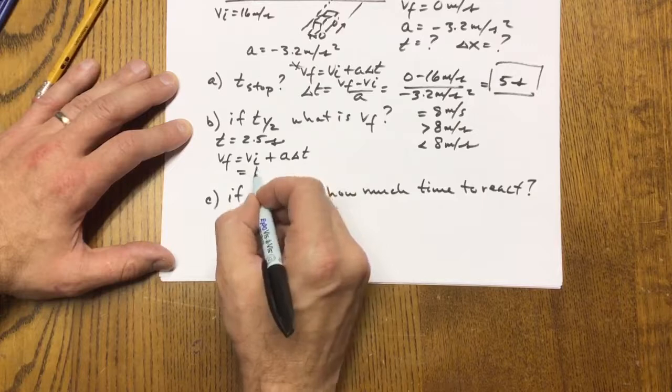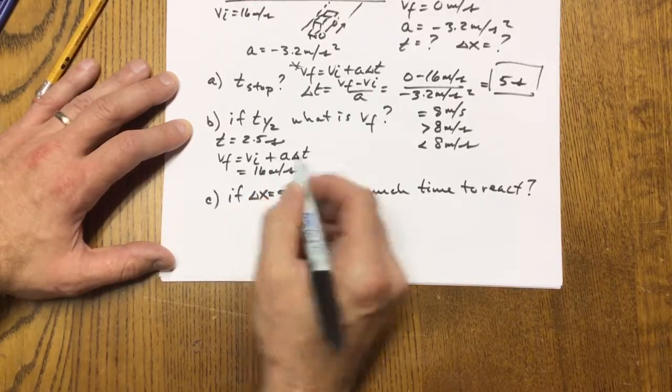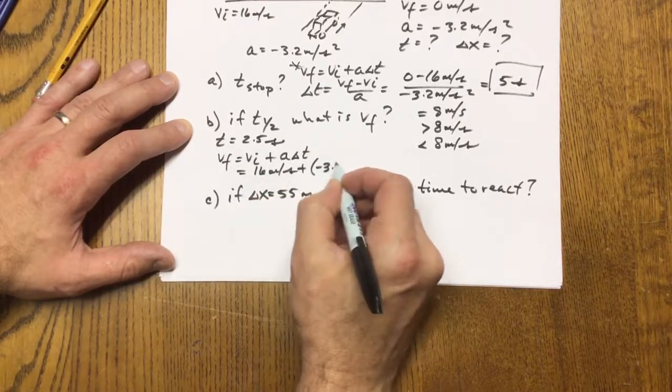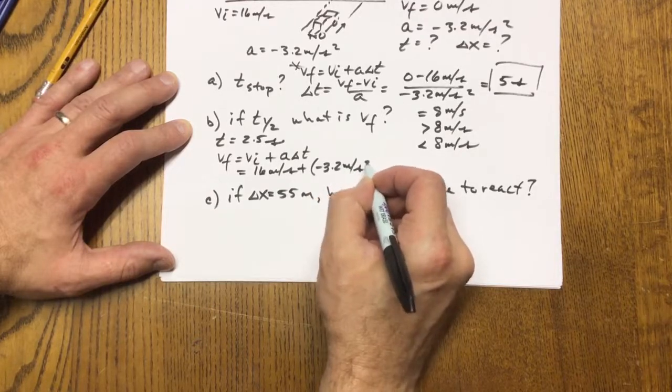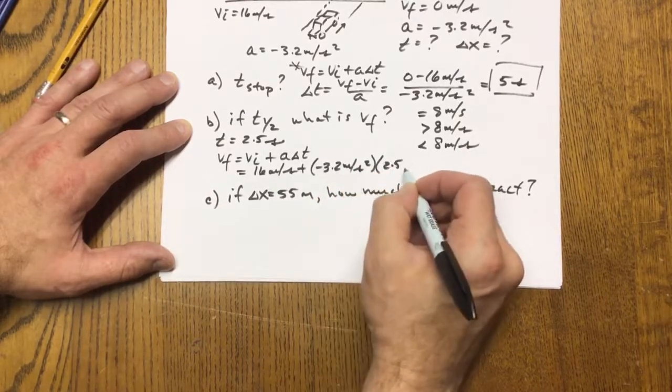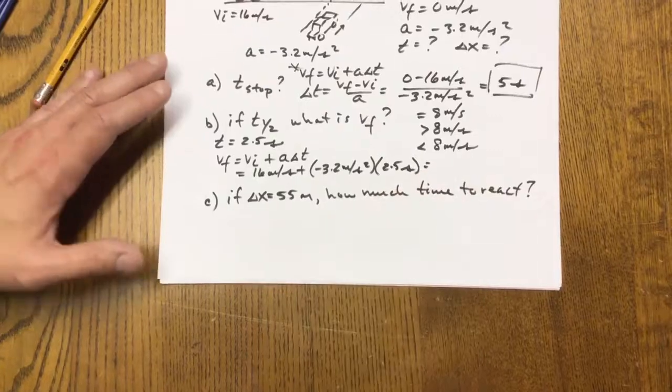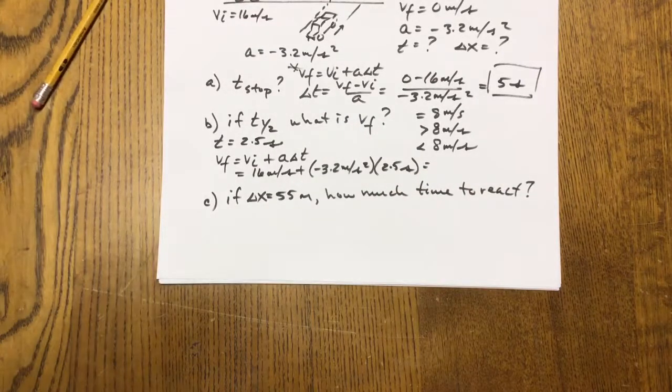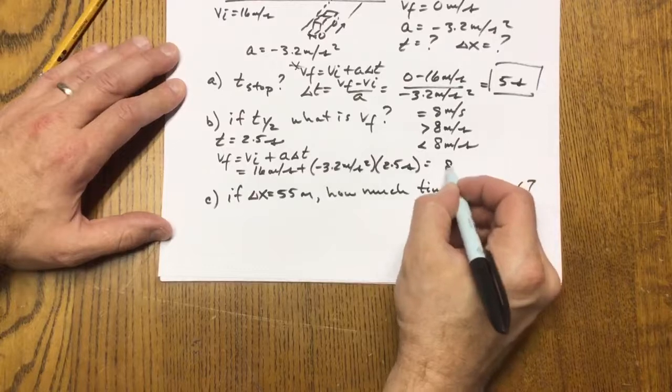That's 16 plus, check it, negative 3.2 times 2.5 seconds. What does that give you? Well, that gives you 8, doesn't it?